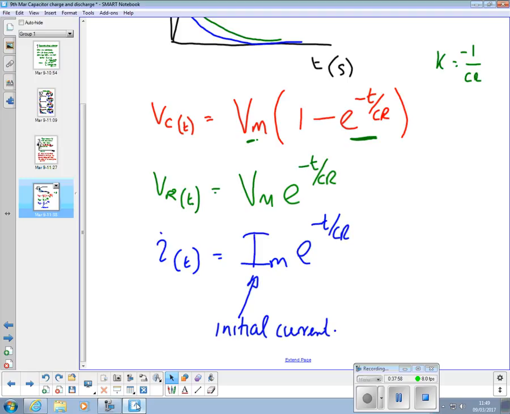That's the only reason you put the bracketed term, otherwise you'd have to write Vm minus Vm times that. So you take that common term outside the brackets. Okay? All reasonably happy with that, yeah?